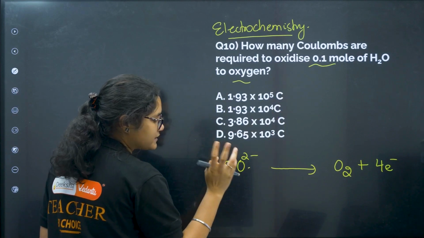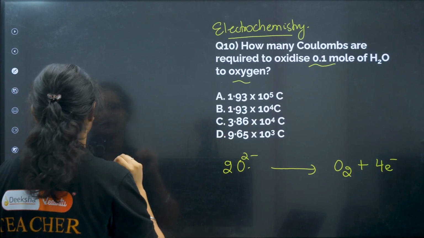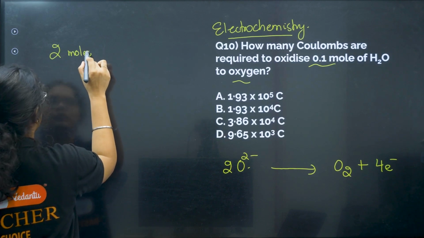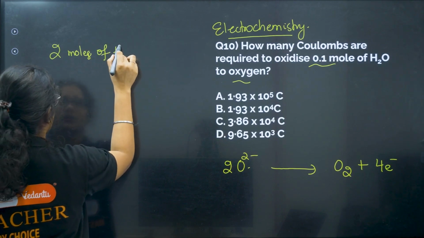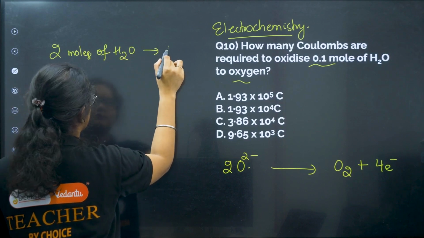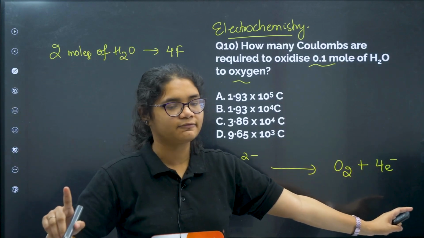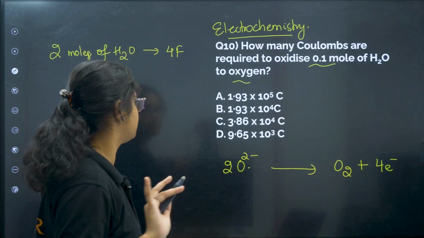So 2 O2 minus I'll get from 2 molecules of water. So for 2 moles of water, how much charge is required? 4 Faraday. 4 moles of electron, 1 mole of electron is 1 Faraday, so 4 moles of electron is 4 Faraday.